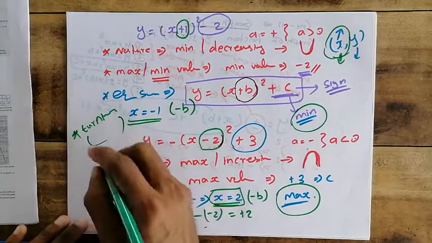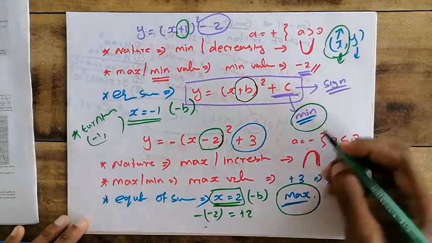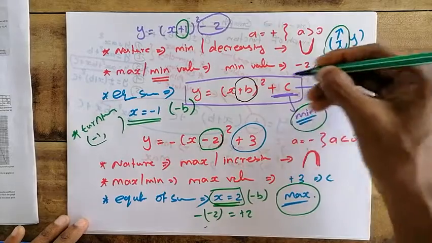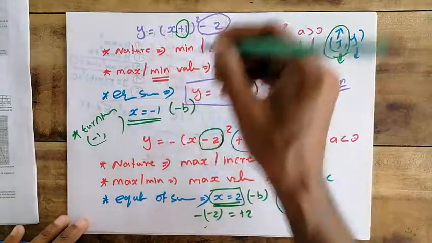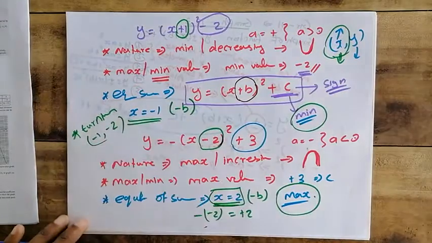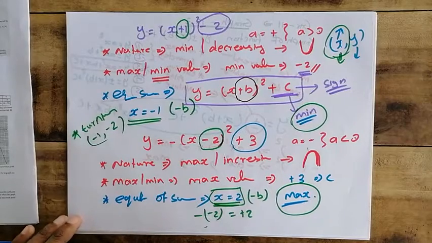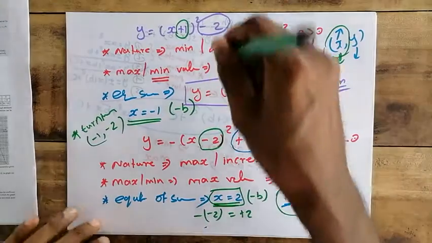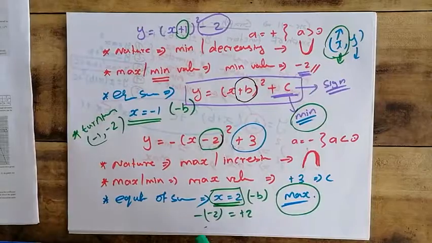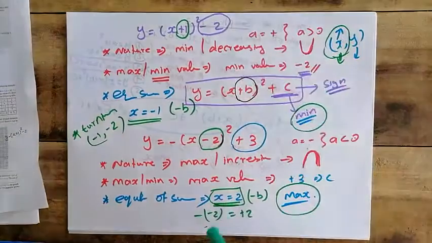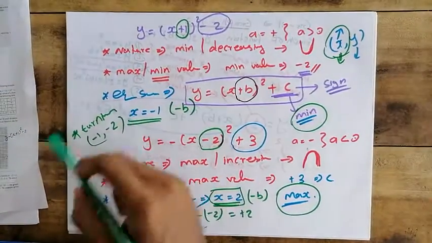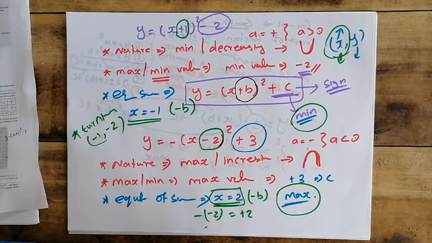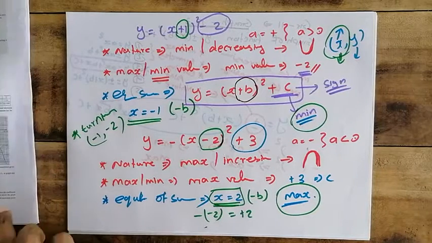So we have x equals minus 1 here, and the minimum value of the graph is minus 2. So the turning point is minus 1, minus 2. Check with this graph. The graph is already drawn now. So check whether the turning point is correct or wrong. Yes, it's exactly correct: (minus 1, minus 2).